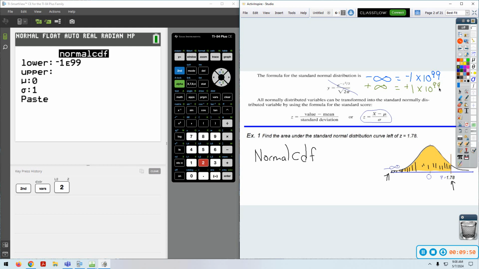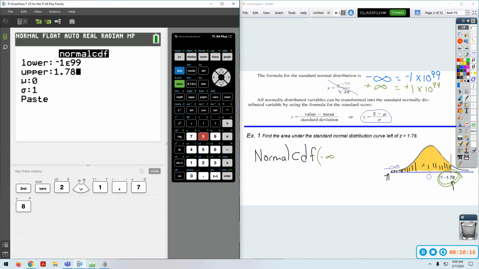So here's what we're looking at. This one starts out as normal CDF, negative infinity, we'll put negative 1 times 10 to the 99th on the calculator. And then we're going to go down to the upper, which means 1.78 is my maximum value I'm looking for, 1.78.